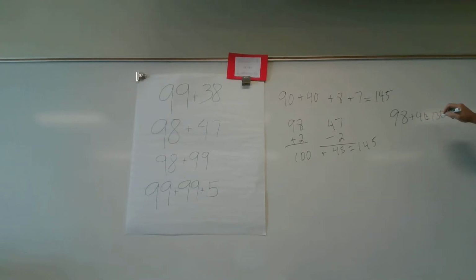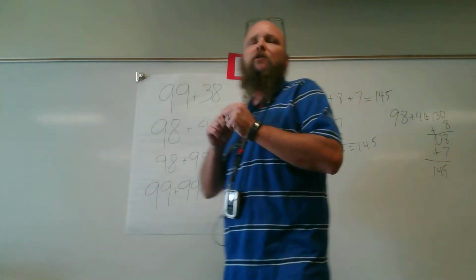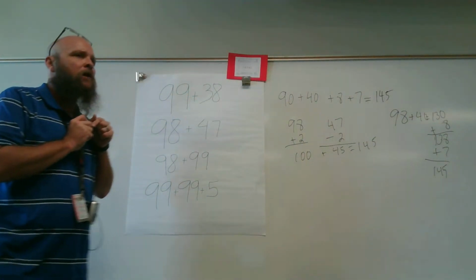And then you have to add 7. Okay. So you added the 10s, 90 plus 30, added the 8 in. So you got 138. And then you had to add the 7 that you didn't add in yet. Very nice. Good job, Mia. Thank you.